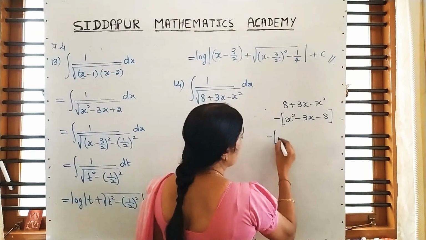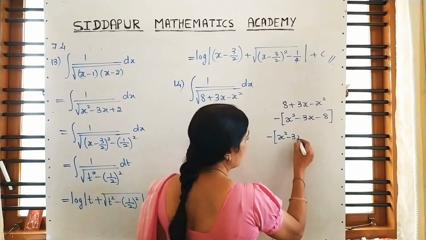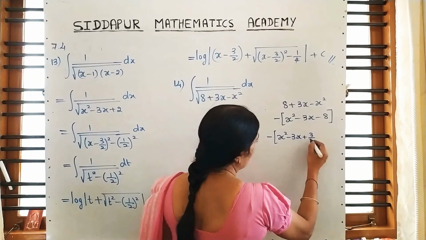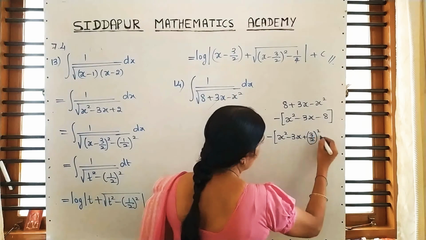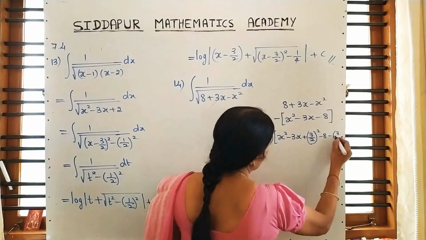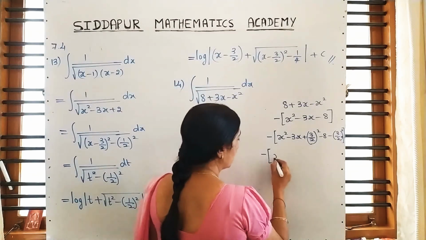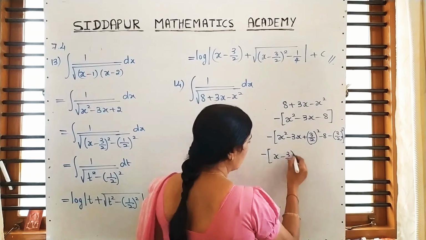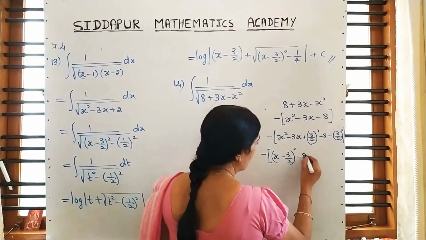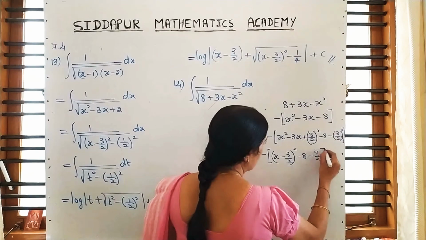Now the x coefficient is minus 3. Take only the number. Half of 3 is 3 by 2. Minus 8 minus (3 by 2) whole square. So it is (x minus 3 by 2) whole square minus 8 minus 9 by 4.